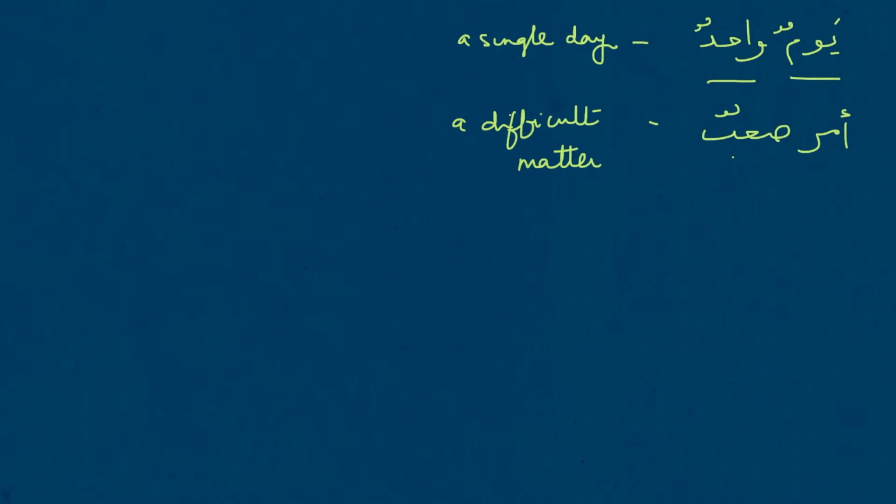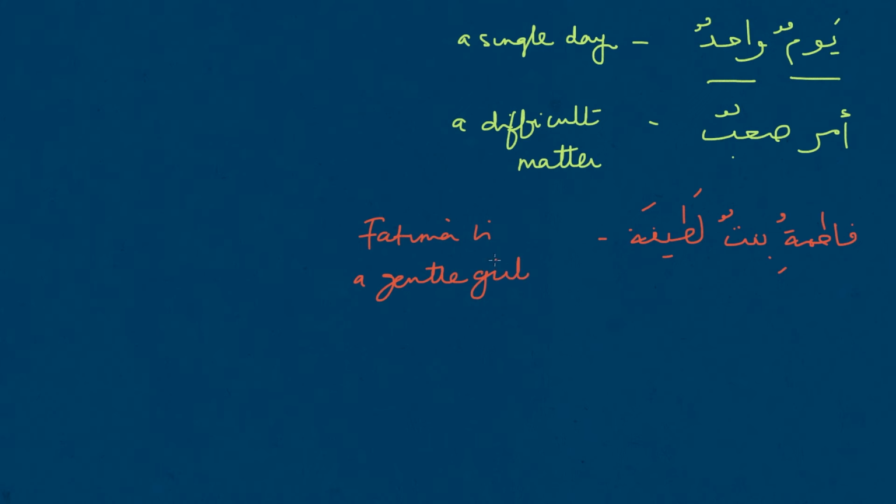طيب, now if the noun is feminine, what happens? For example, Fatimatu bintun latifa. Fatima is a gentle girl. So since Fatima and bint are feminine, the adjective is also feminine.